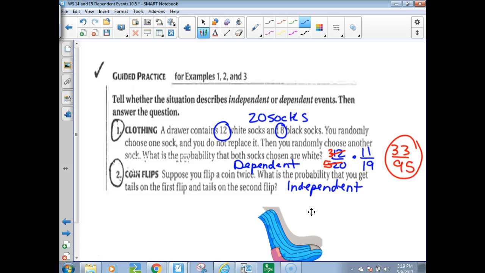All right, since they're independent, like you can't change the coin, right? This is quite clearly different. The first flip getting what do we want to get? Tails. 1 in 2, this is a pretty easy one, times getting a tails on the second flip, 1 in 2, and we multiply those to get 1 in 4. And if we wanted a percentage, that'd be 0.25 or 25%.